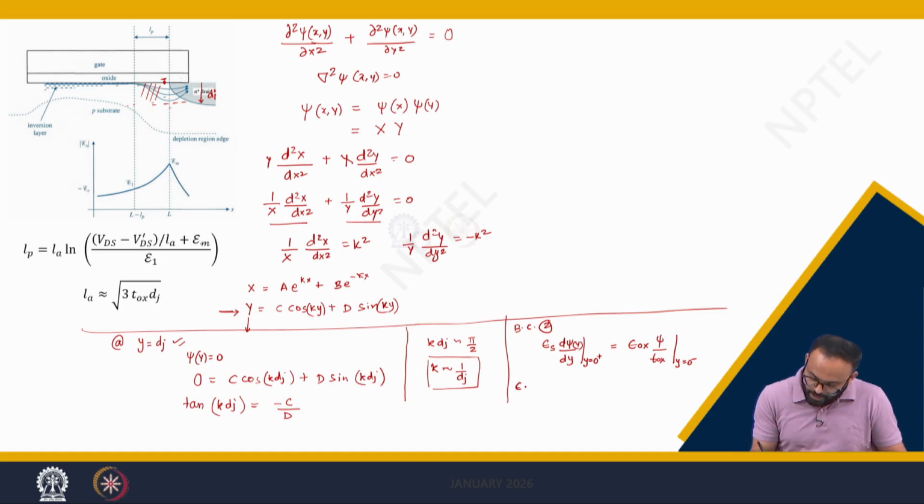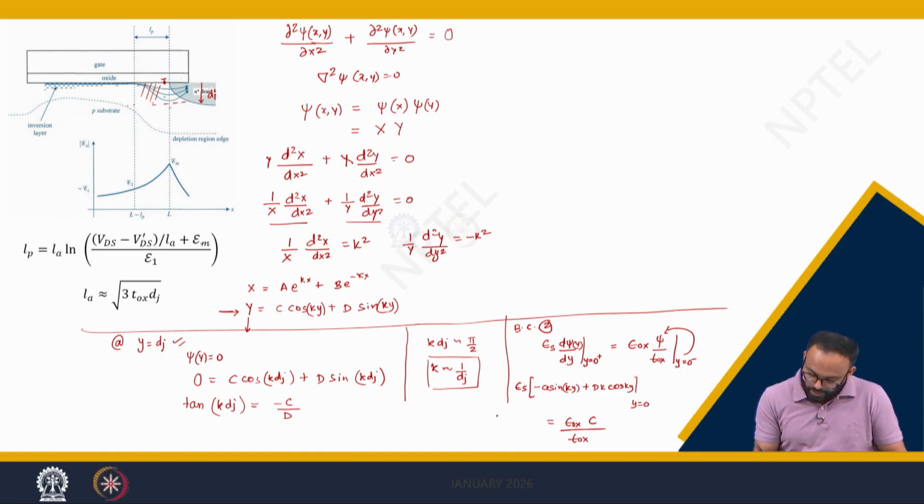So what we will do: epsilon s into, you differentiate this function, you will get minus c sin(ky) into k plus d k cos(ky), and put y equals 0, which should equal epsilon ox. Now put y equals 0 in psi(y), you will get c divided by t ox.